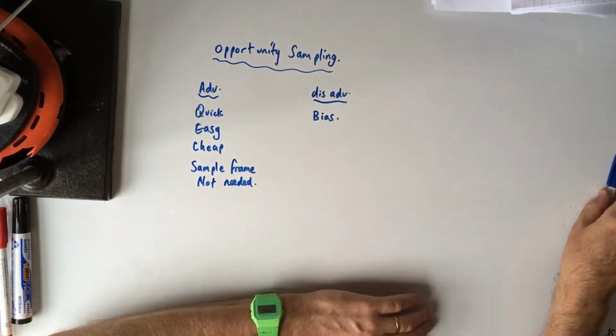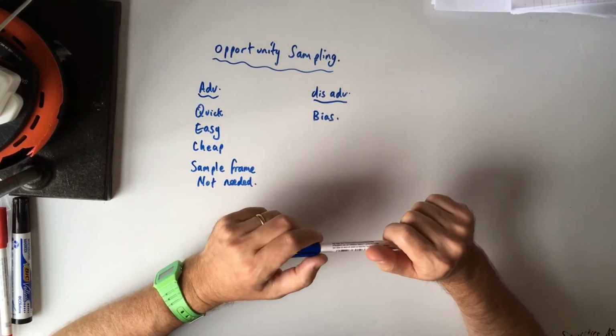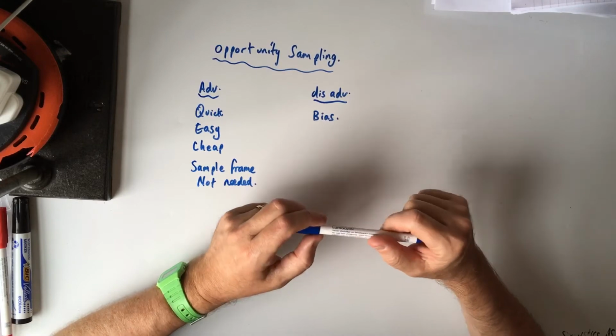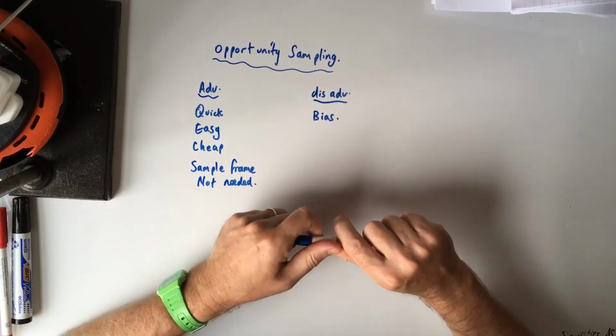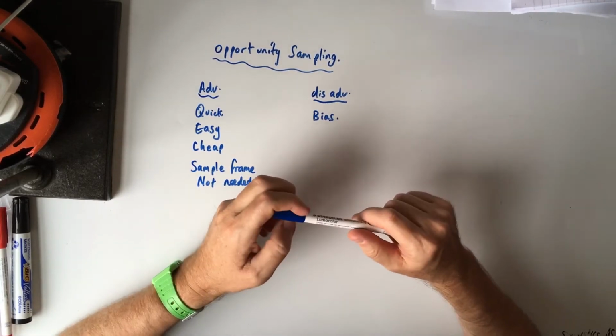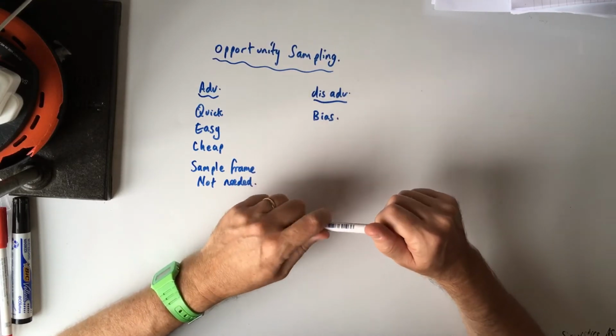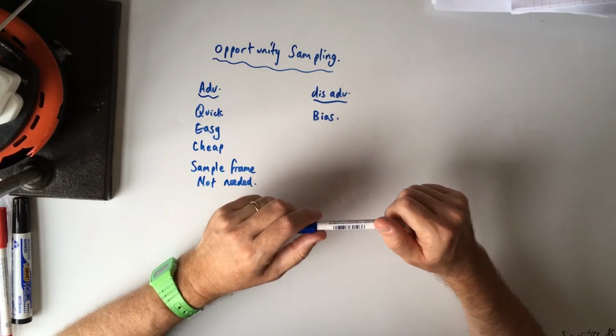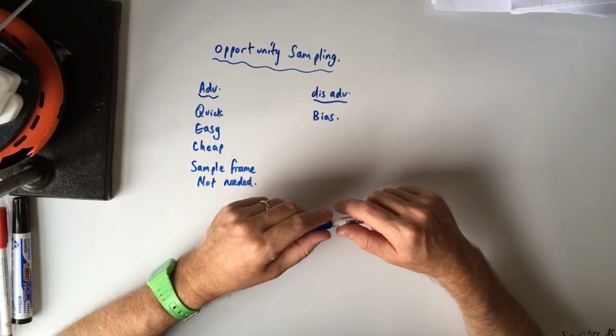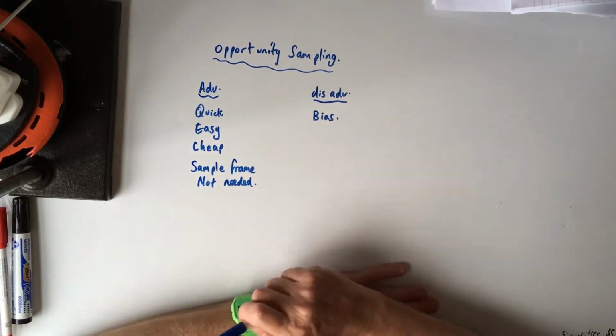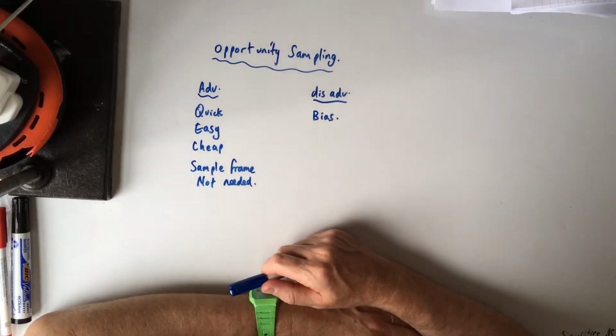Of course, it doesn't always have to be about surveys. For instance, if you wanted to find the weight of sparrows in your garden, and you set out a net to catch them, and you just catch the first 100 sparrows that fly into the net, that's opportunity sampling.